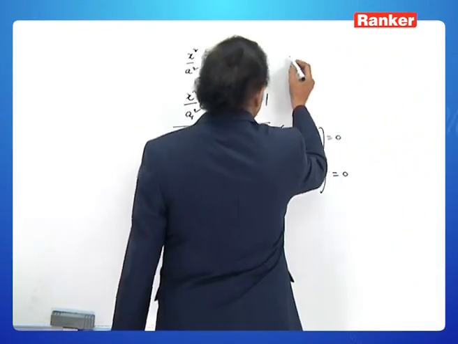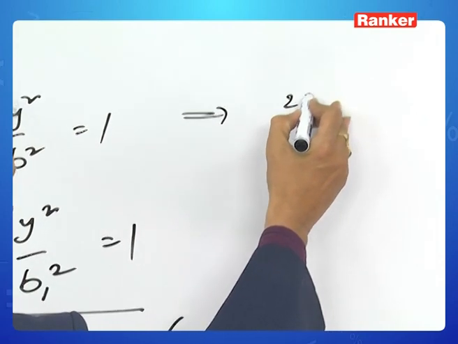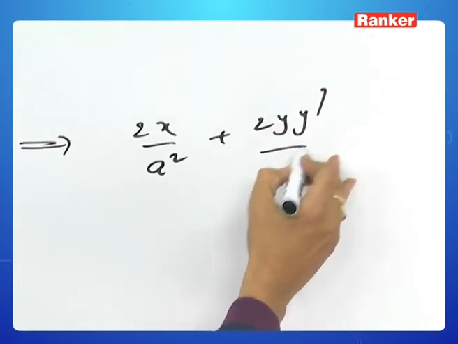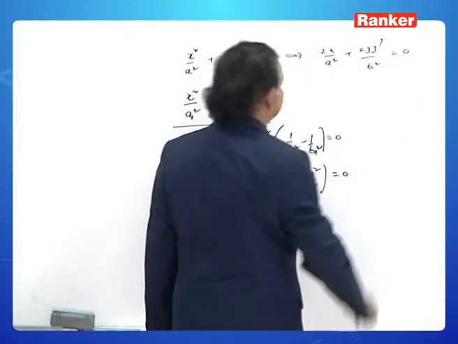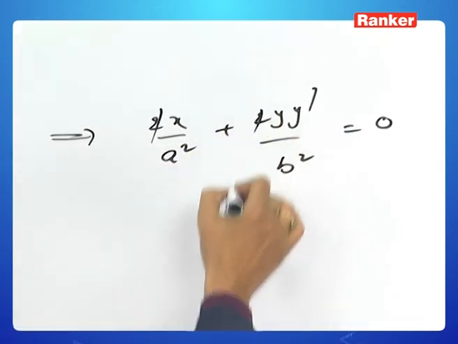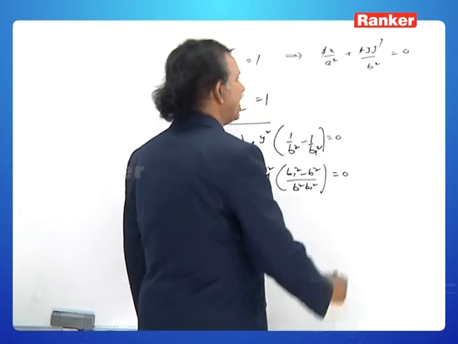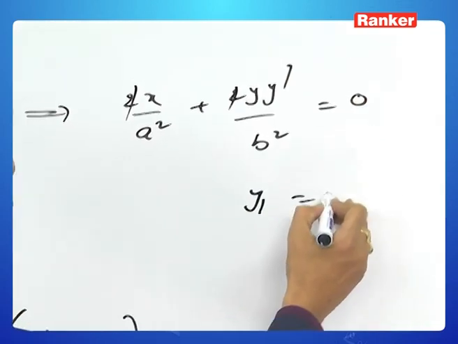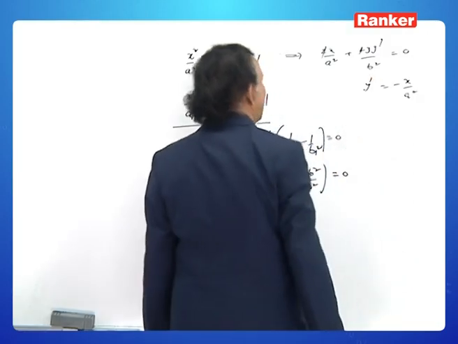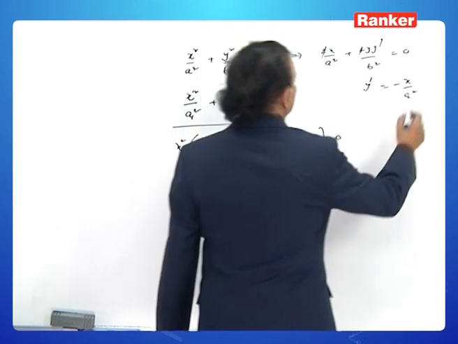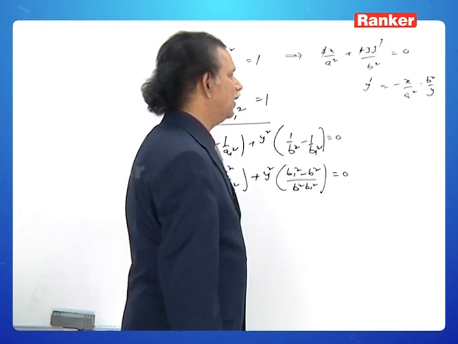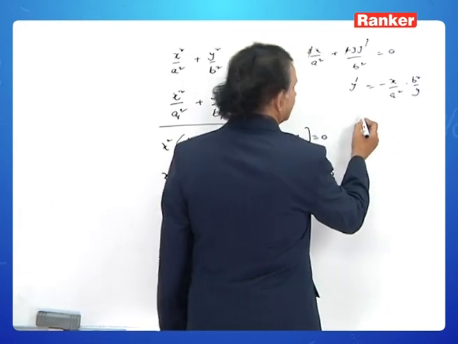First of all, from this equation, what can you say? 2x by a square plus 2y y dash by b square is equal to 0. Isn't it? Okay, 2 will automatically be cancelled. y dash is equal to minus x by a square into b square by y. Therefore, this is m1.